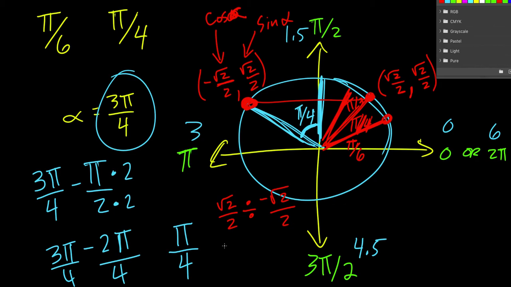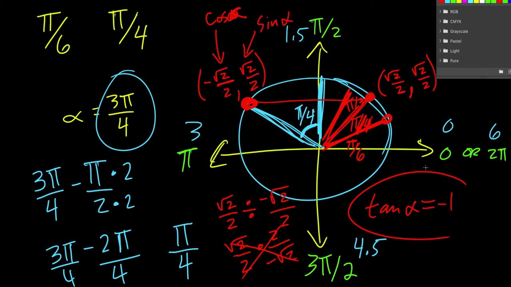And so we flip that second one, and we multiply. Cancel, cancel, we have our negative still, and there's a 1. So our tangent alpha is equal to negative 1.